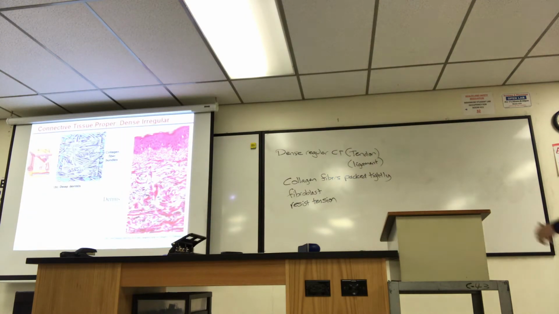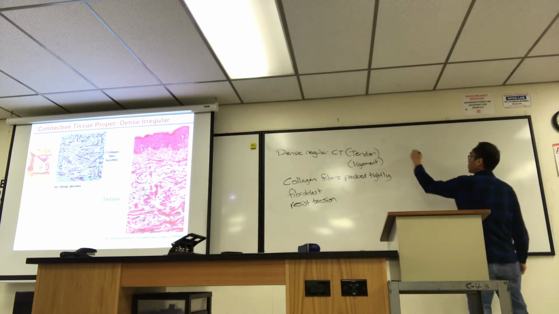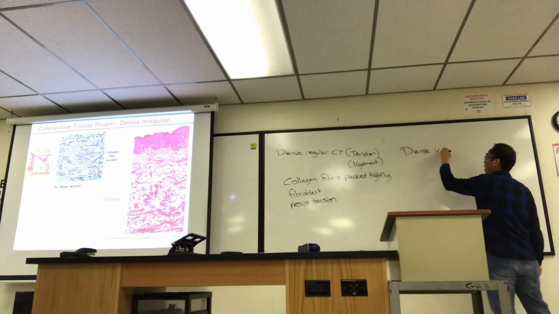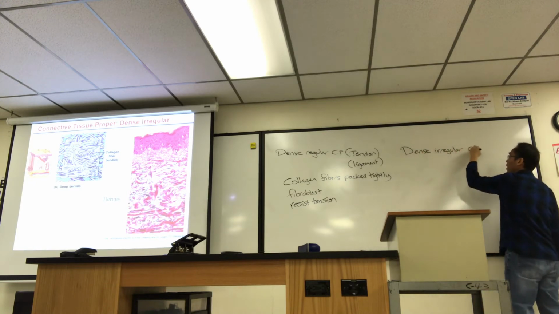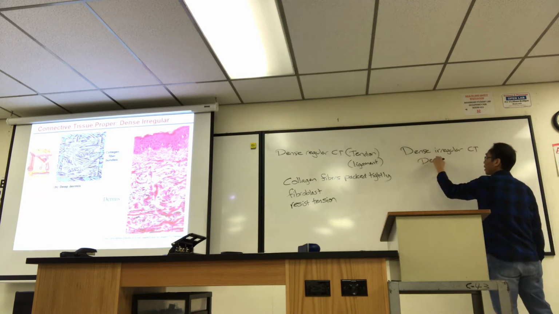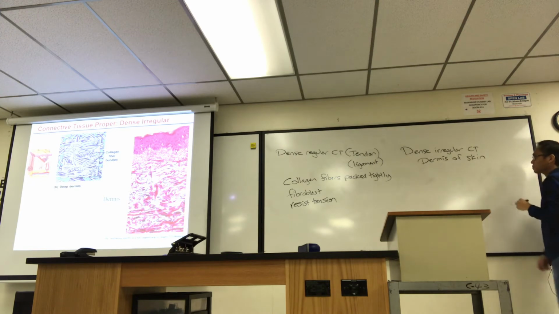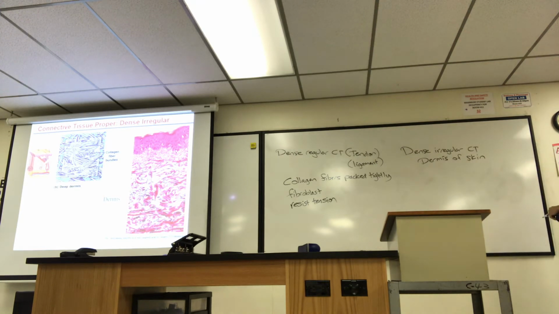The example I'll give you for dense irregular connective tissue is from the dermis of skin. And it resists shearing forces.